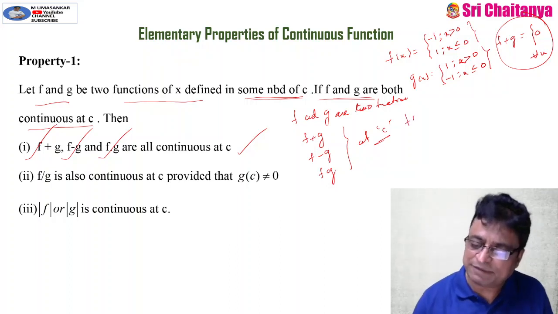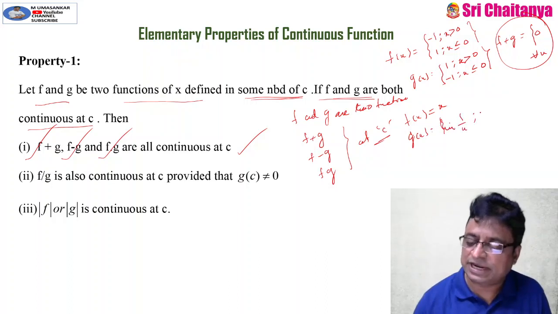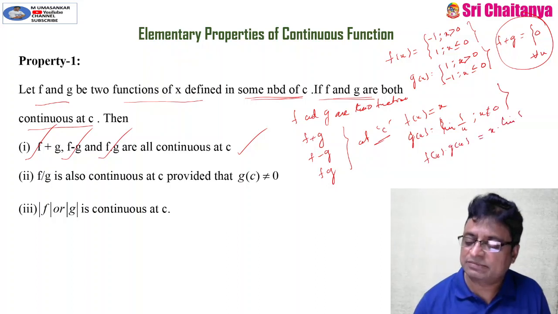Similarly, suppose my function f of x is equal to x and g of x is equal to sine 1 by x, where x is not equal to 0. Then what is f of x into g of x? That is x sine 1 by x for x not equal to 0.